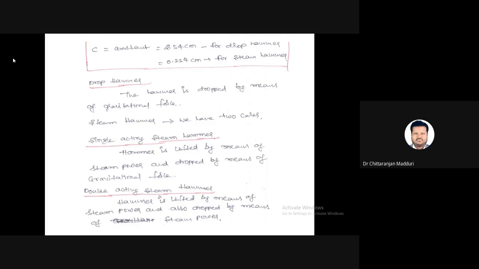If the hammer is lifted by means of steam power and dropped by means of gravitational force, it is known as single acting. If the hammer is lifted as well as dropped by means of steam power, it is called double acting steam hammer. So for drop hammer, constant equal to 2.54 centimeters, and for steam hammer, constant equal to 0.254 centimeters.